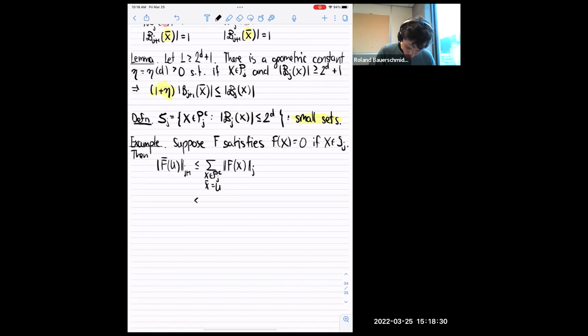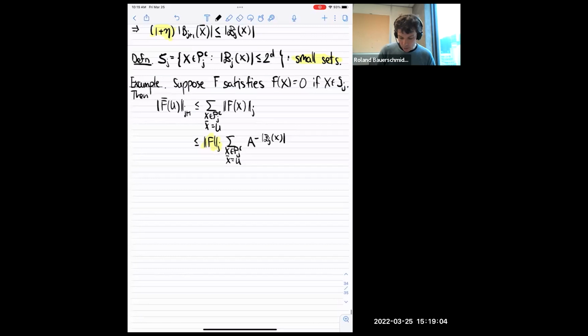Now, by definition of the norm of f, which was given by a sup with an exponential weight, this is less than the norm of f. And then we have the sum over x in P_j c with x bar equal to u. And then there's a factor a to the minus the number of blocks in x. So that was exactly the definition of this norm.